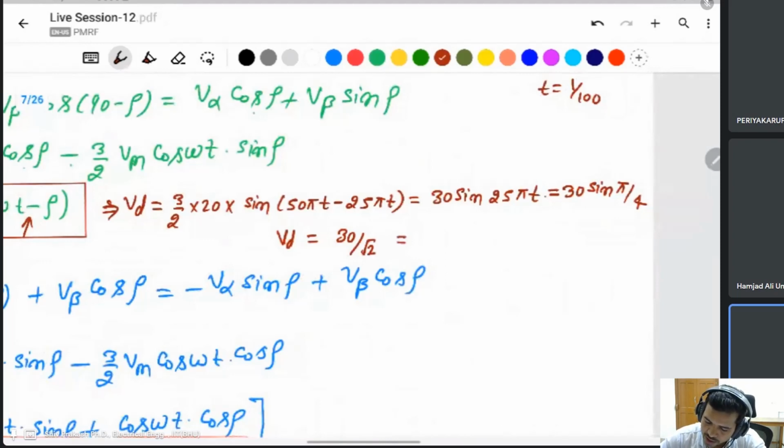This will also be minus 30 by root 2. It means Vq is equal to minus 21.2. Both are the same if rho is 25 pi t. Then mod of Vd plus mod of Vq is 21.21 plus 21.21, which is equal to 42.42.